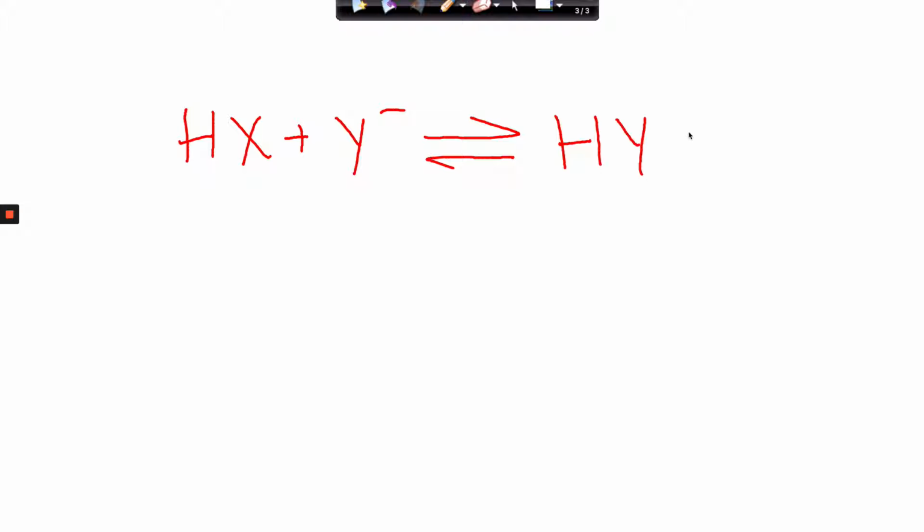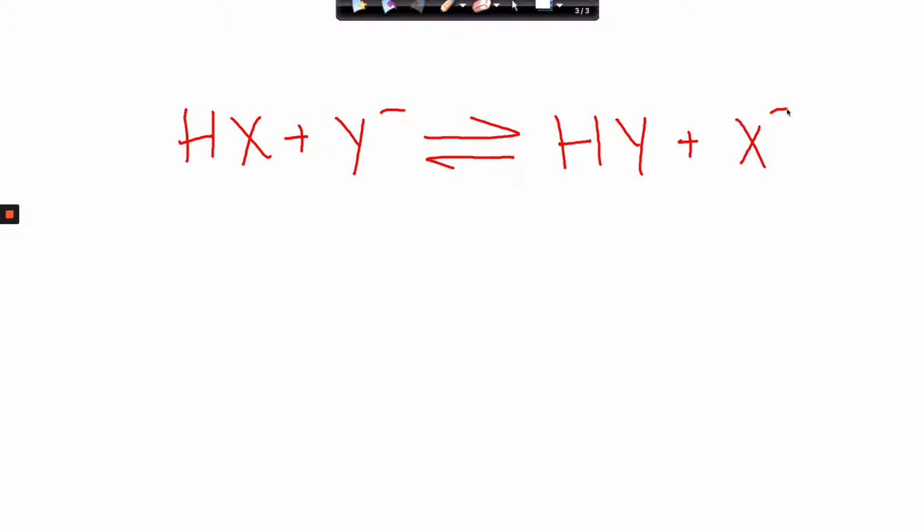So looking at 2C together, this is going to be a super big idea in chapter 17, but let's talk about it right now. So guys, in 2C, we've got HX, and that is reacting with Y minus, and this is in equilibrium with HY and X minus.